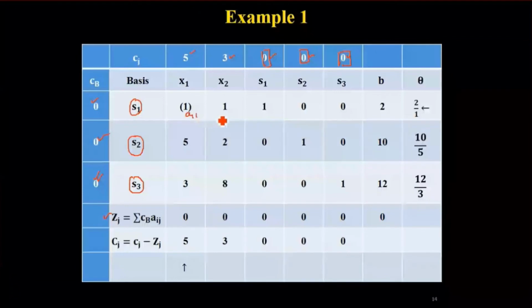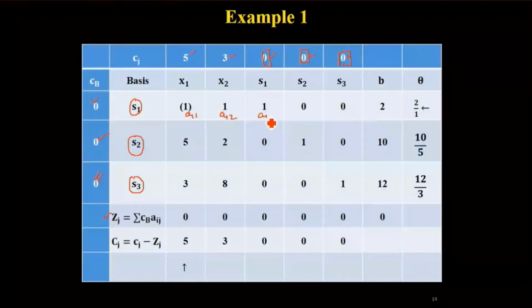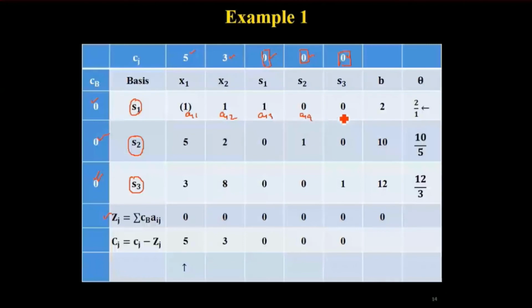So this is our a11, a12, a13, a14, a15, a21, a22, a23, a24, a25, a31, a32, a33, a34, a35. So in notation form we had it like this. Now, how to calculate zj? Summation of cb aij.